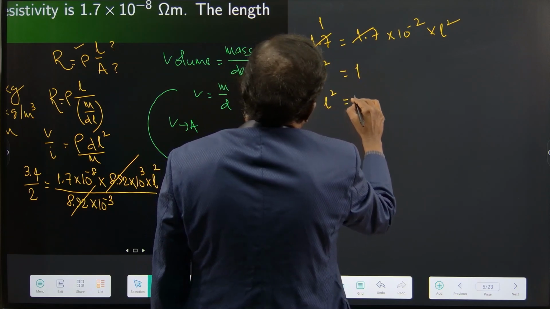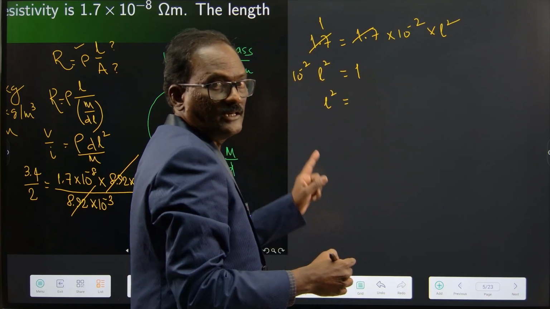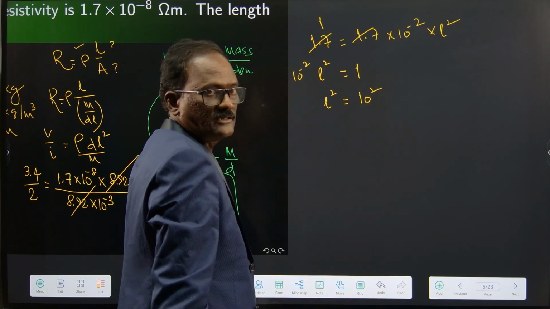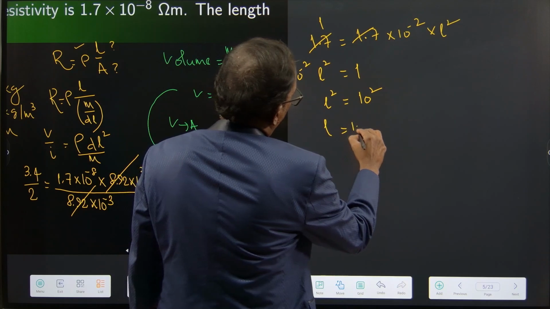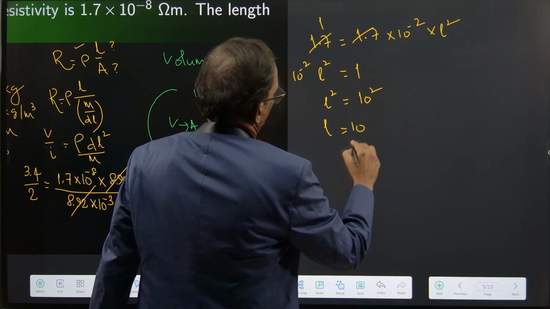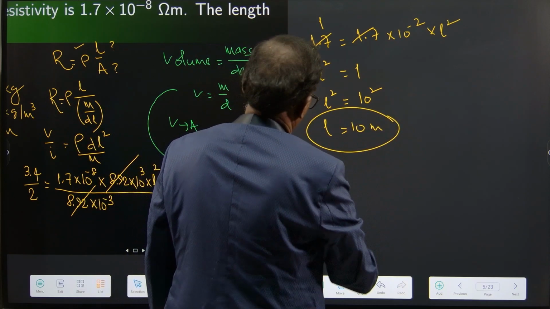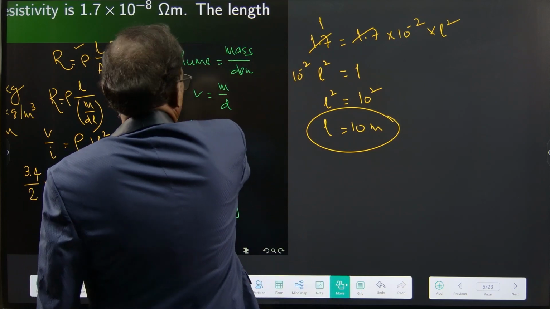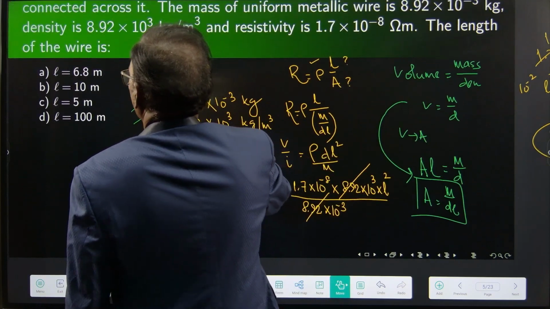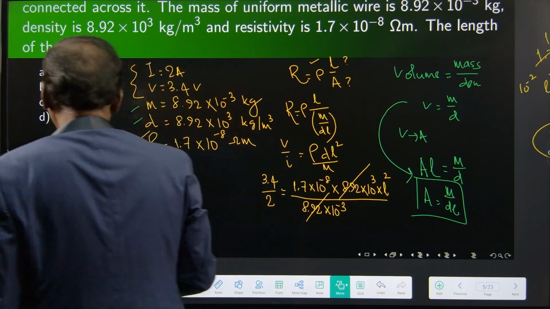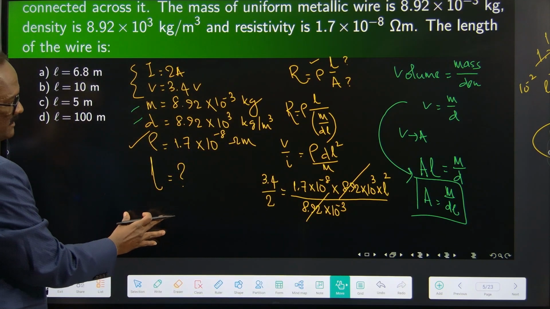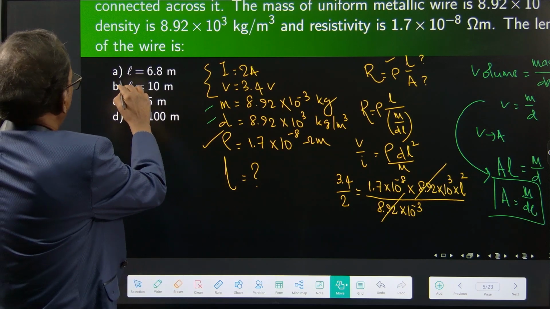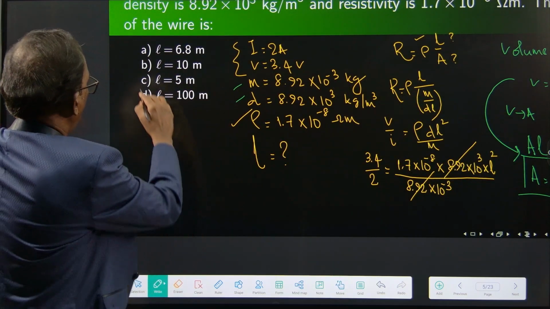So L square is equal to 1 by 10 power minus 2, that is 10 square, so L is equal to 10 meter. Option B.